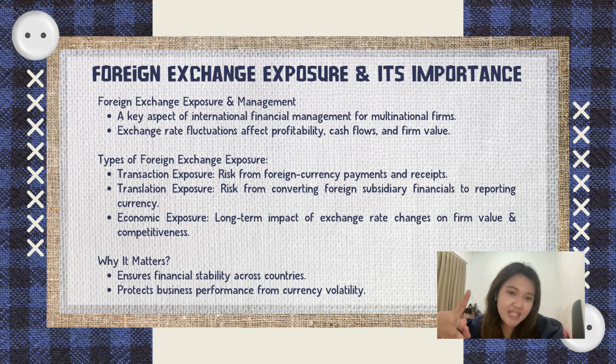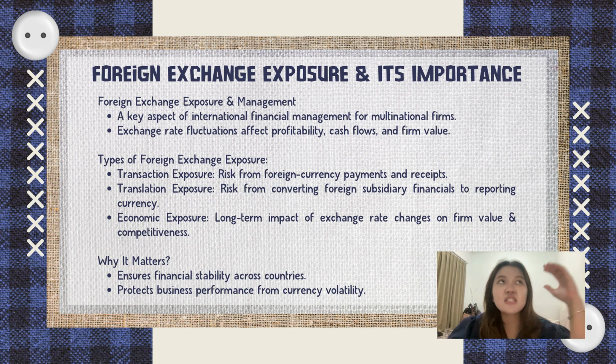There are three key types of exposure. First, transaction exposure, which occurs when a company deals with payment or receipt in foreign currencies. Second, translation exposure, which arises when the financial statements of foreign subsidiaries are converted into the parent company's reporting currencies.